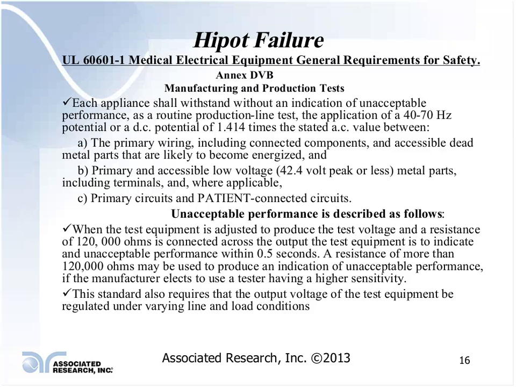All the primary wiring and current, including connected components and accessible dead metal parts that are likely to become energized, are essentially tested. Primary and accessible low voltage metal parts, including terminals where applicable, and primary circuits to patient leads connected in the circuit.